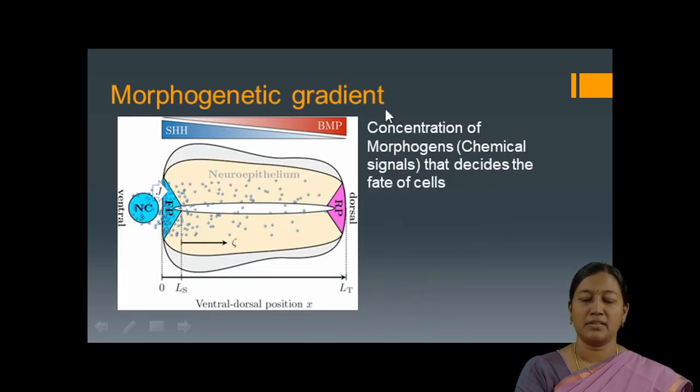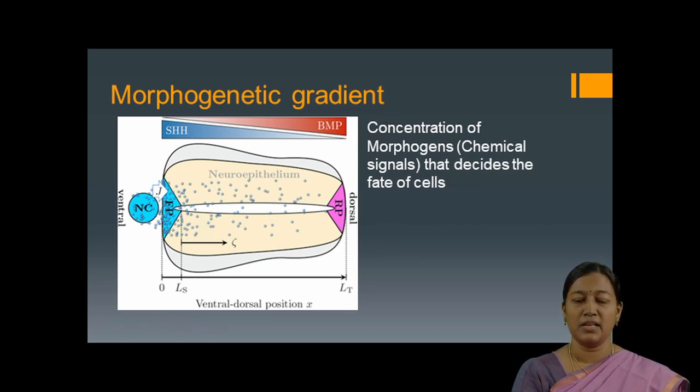Next we are going to see what is a morphogenetic gradient. First, we see what is a morphogen. Morphogens are nothing but chemical signals within the cell. They are a set of chemical substances that give a signal to the cell. These morphogens arrange themselves in the form of a gradient to decide the fate of the cell.